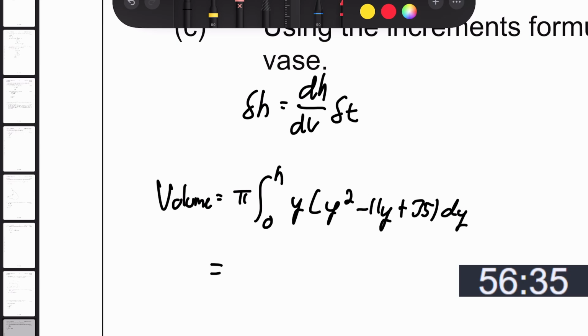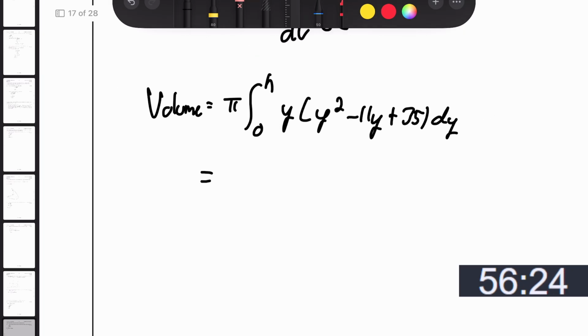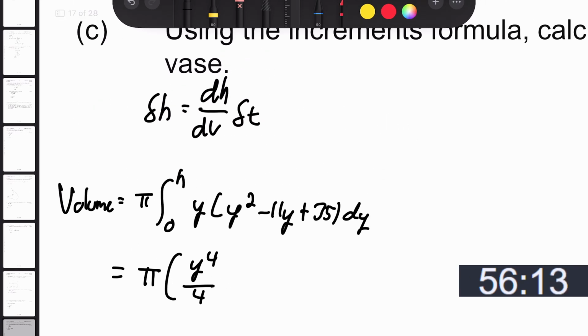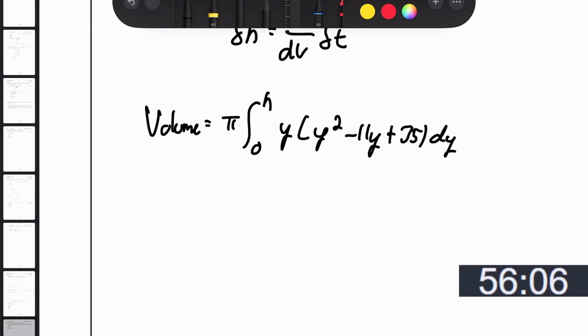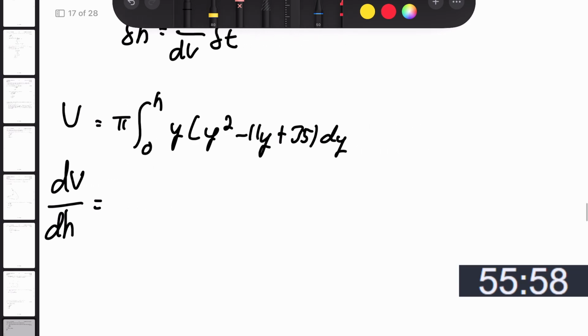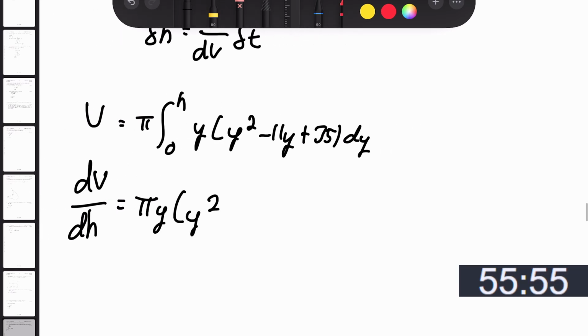So let's do this. Actually no. So I'll say v equals that, so then dv dh is just going to equal pi y of y squared minus 11y plus 35, because I'm going to have dh out front. So I just sub in h for everything.